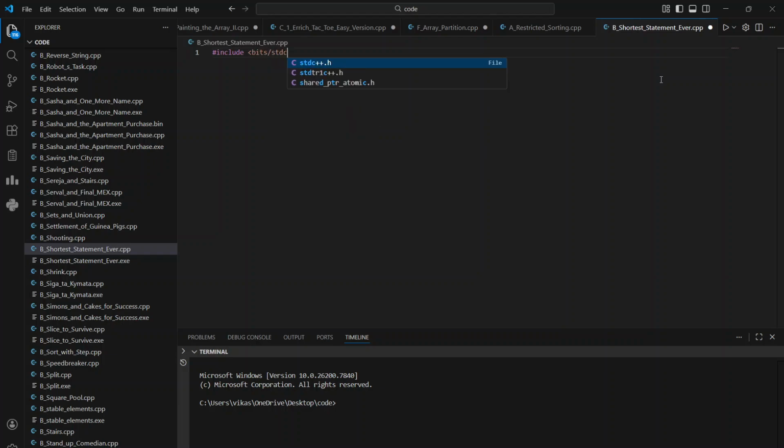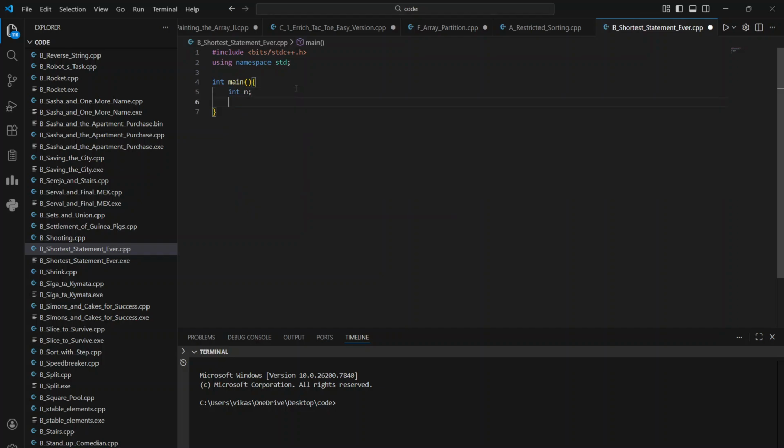Base, bits/stdc++.h. So let's say we are given one array.